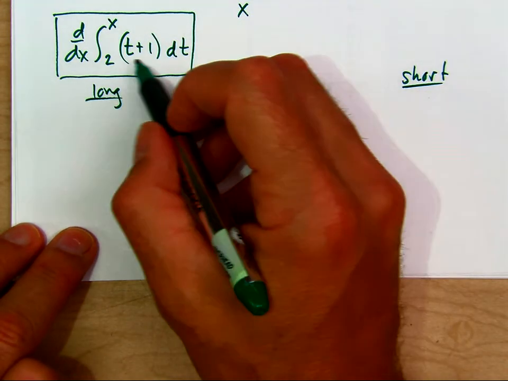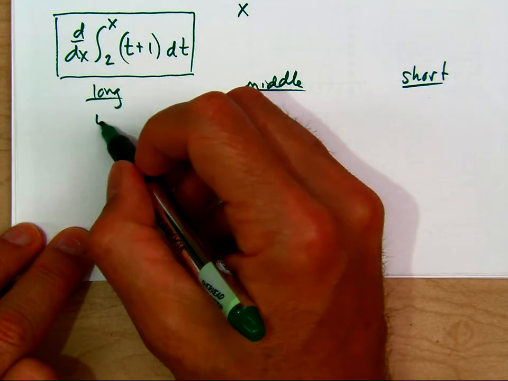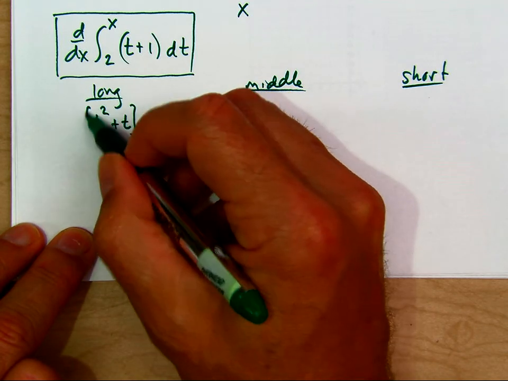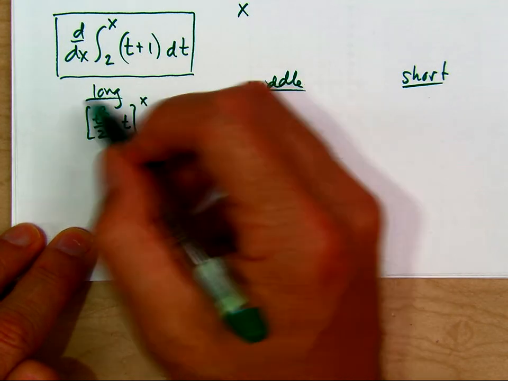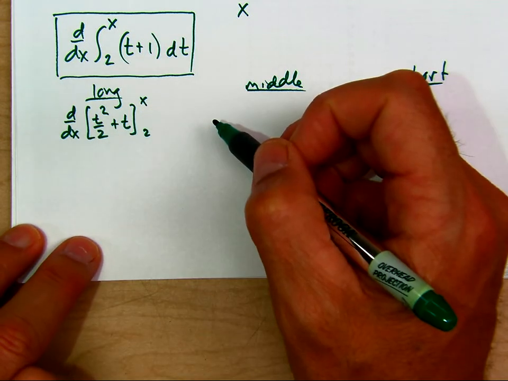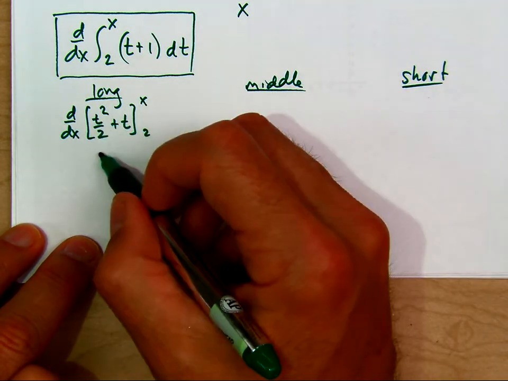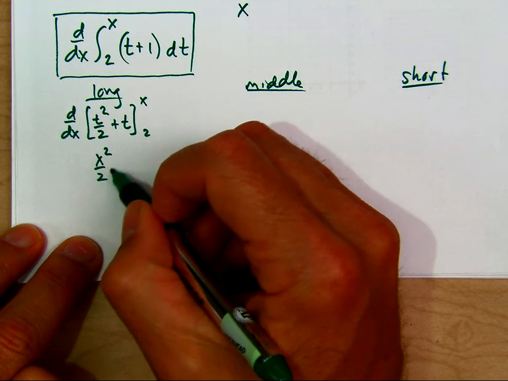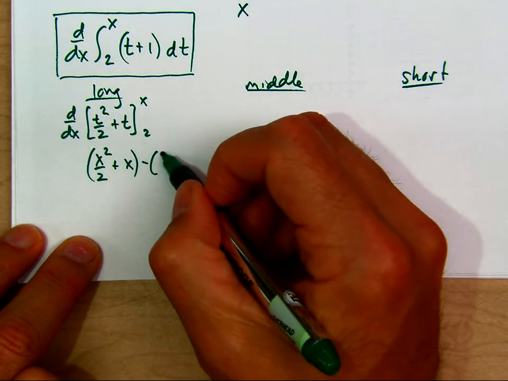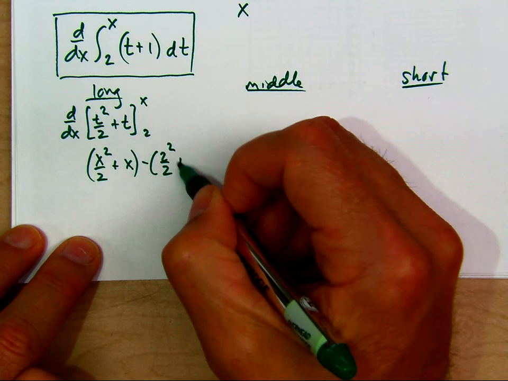Alright, the long way. Do the antiderivative, so that's t squared over 2 plus t, evaluated from 2 to x, and do the derivative. Substitute the x, so we have x squared over 2 plus x minus 2 squared over 2 plus 2.